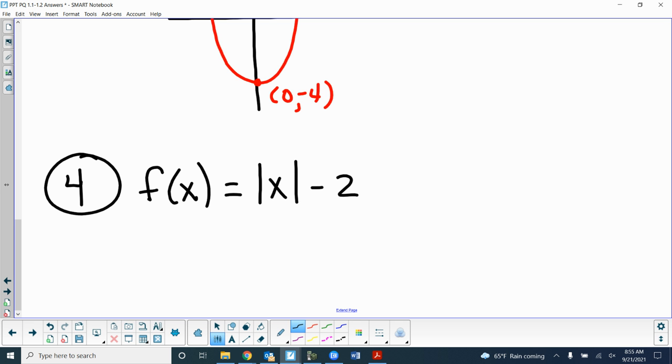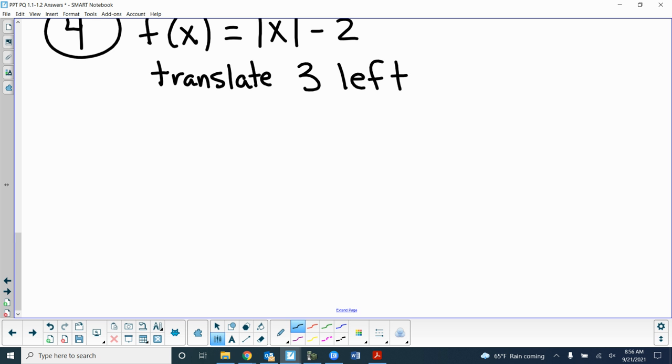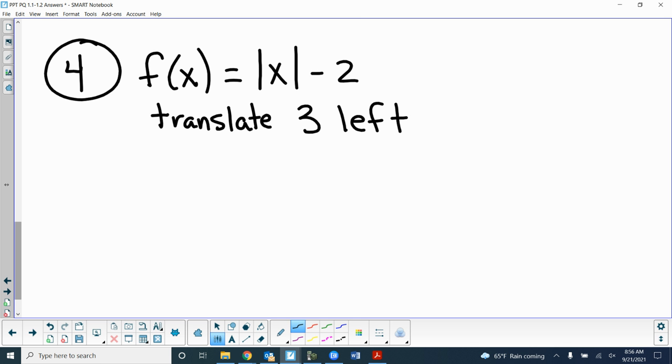All right, and we're supposed to translate it left 3. When we're going left or right, we're doing it horizontally, changing the x. So we've got to put it inside with the x.